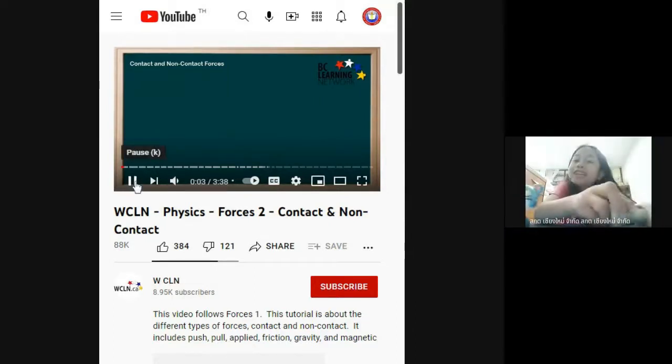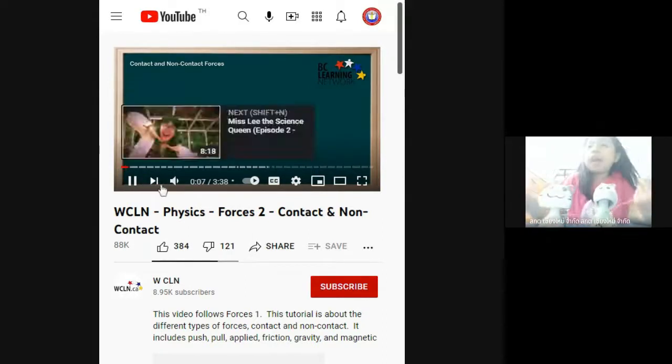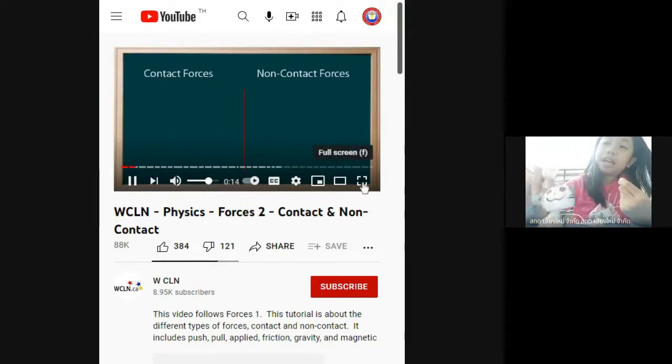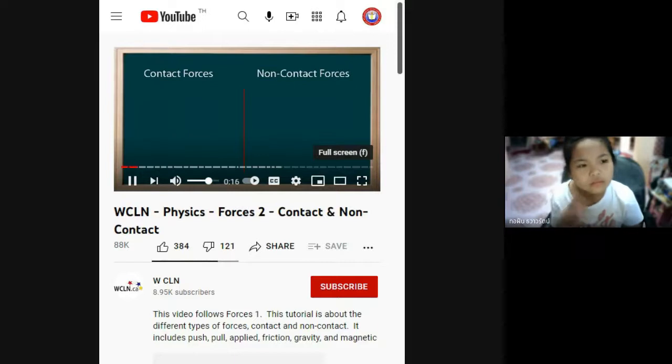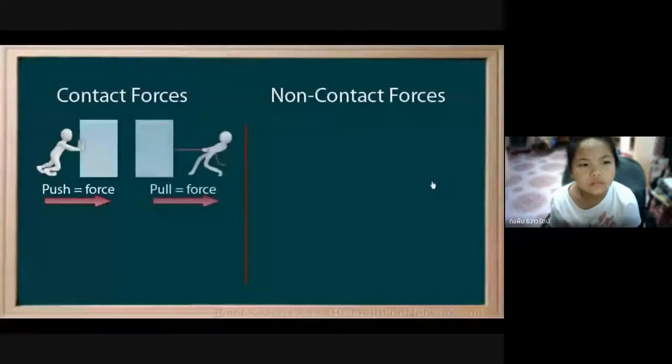We'll continue our discussion about forces. We'll talk about two categories of forces: contact forces and non-contact forces. Contact forces include applied forces, like when you push or pull on an object.